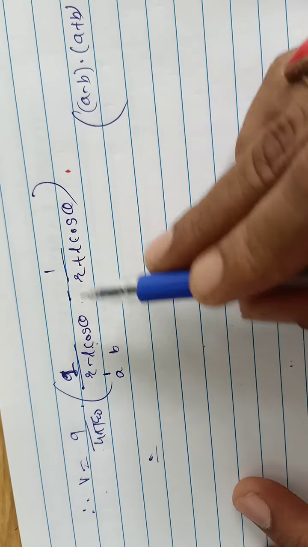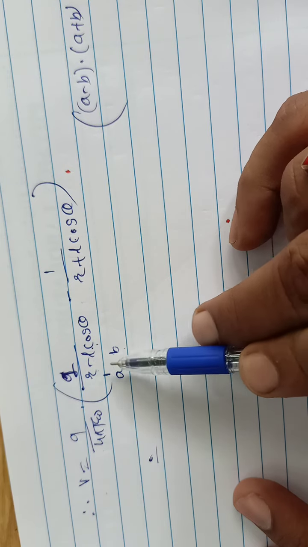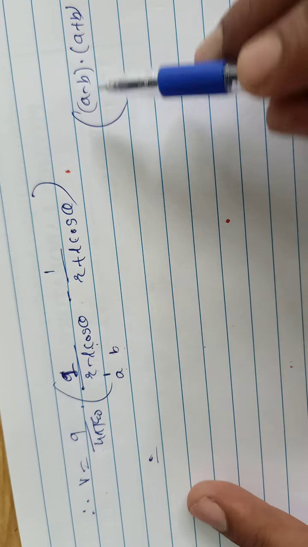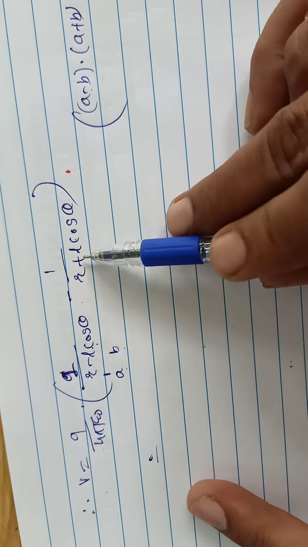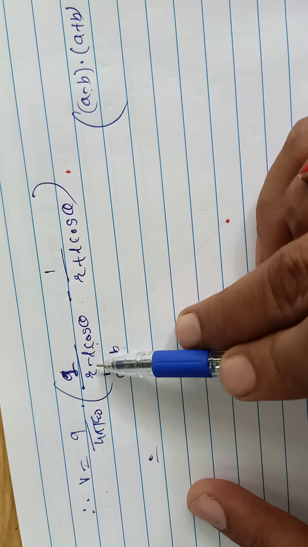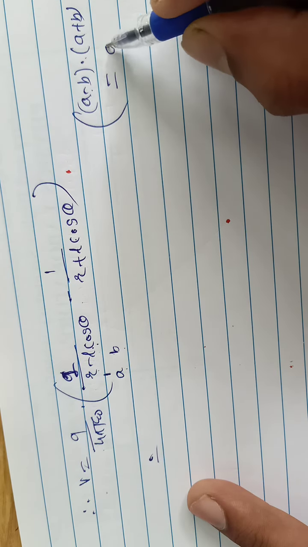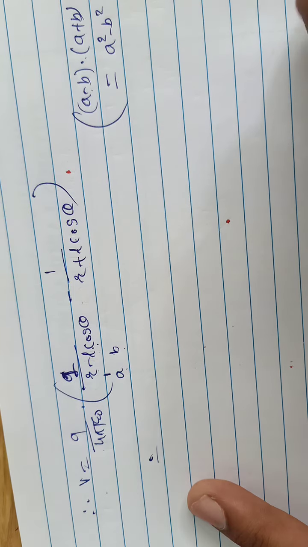From this equation, R is our a and L cos theta is b. In the first case we have a minus b, and in the second case a plus b, because here it is R plus L cos theta and here R minus L cos theta. We know that a minus b into a plus b is a square minus b square.